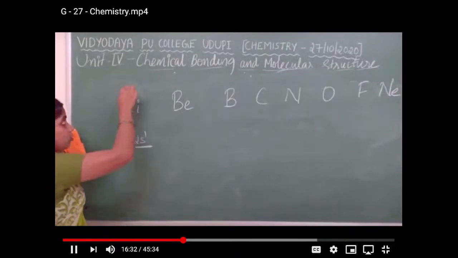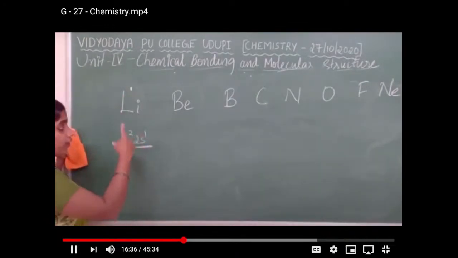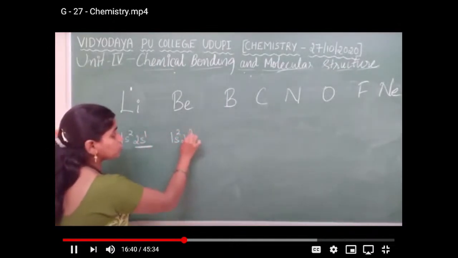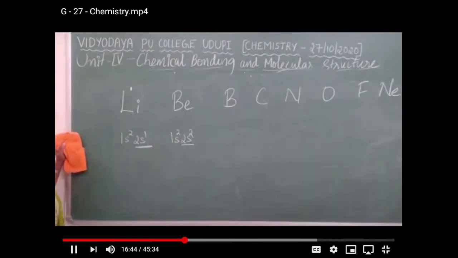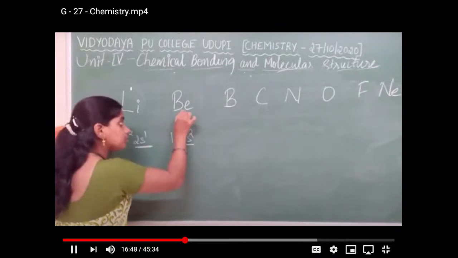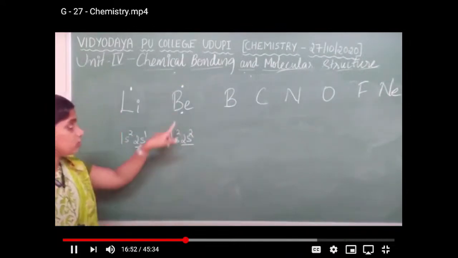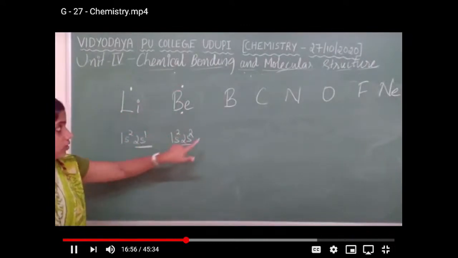This dot indicates one valence electron. Then beryllium is 1s2, 2s2, meaning it has two outermost electrons. So its Lewis symbol is Be and two dots. These dots indicate two valence electrons.